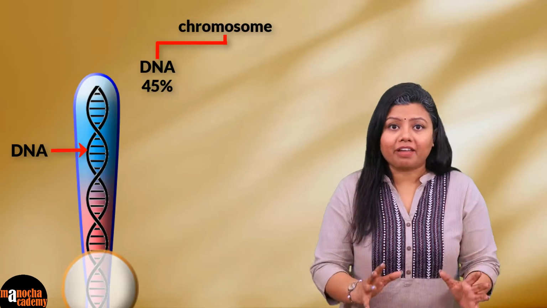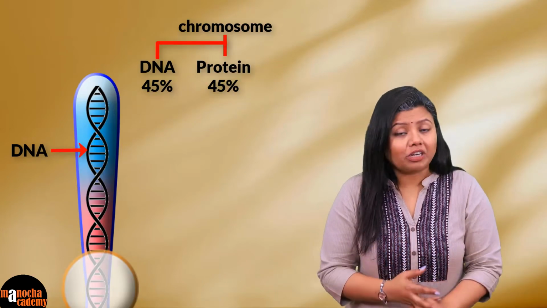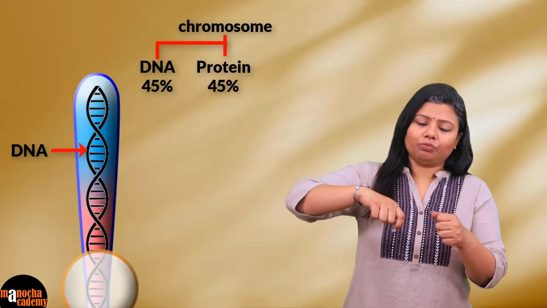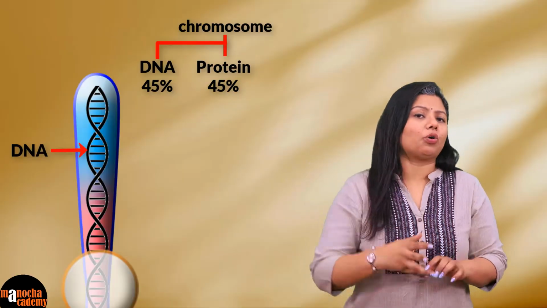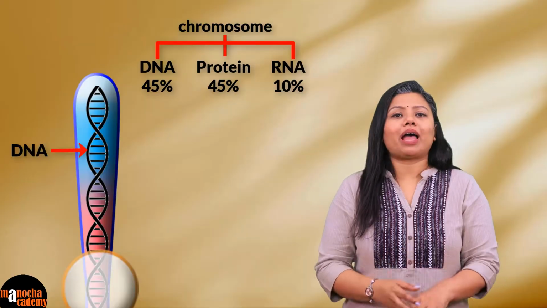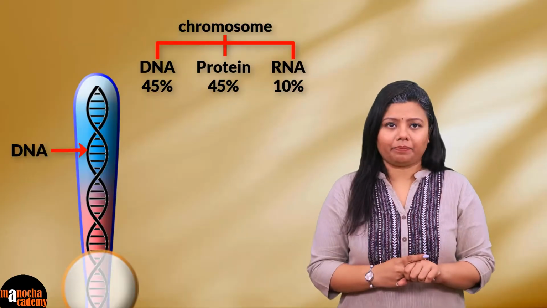Inside the chromosome, or we can also say inside the chromatin, we have DNA. Usually one chromosome has one DNA molecule, which is about 45% of the total chromosome. We have 45% of protein around which the DNA is coiled, and we also have 10% of RNA.